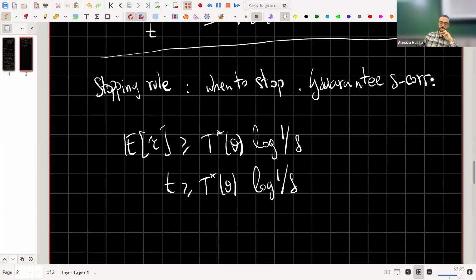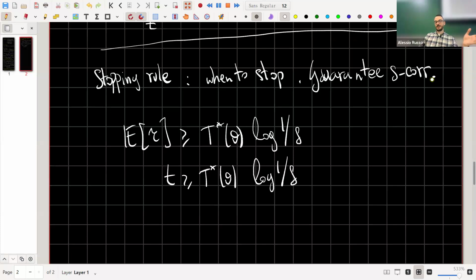Well, this is not so smart because we don't know theta, so we cannot really use this quantity here. And we are not really sampling according to the true W. So there are some differences. But this is a good starting point.